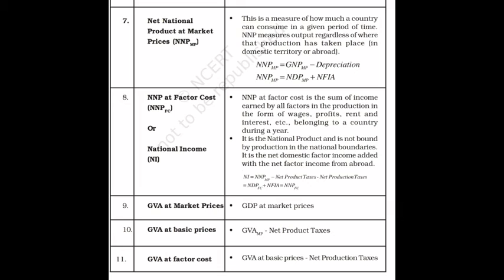GVA at basic price is equal to GVA at market price minus net product taxes. Then GVA at factor cost is GVA at basic price minus net production tax. So all these are the different macroeconomic variables we use in national income accounting. When we go through some calculations or examples, you will understand how we get the figures through these equations.